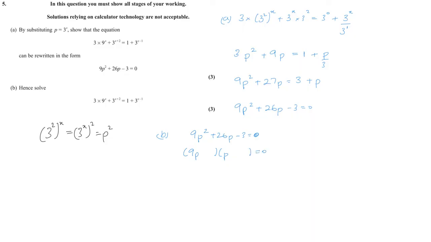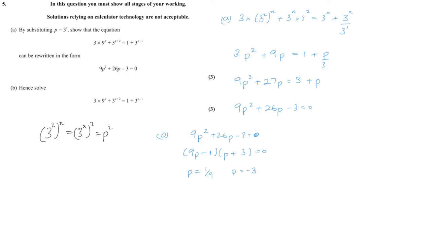So 9 times 3 will give me 27, and 1 will then give me the 26 when I take it away. So this is going to be positive, this is going to be negative. So p equals 1/9, p equals minus 3.